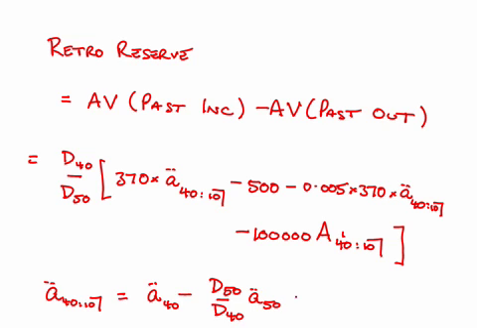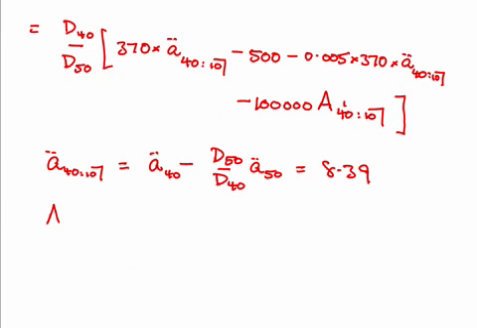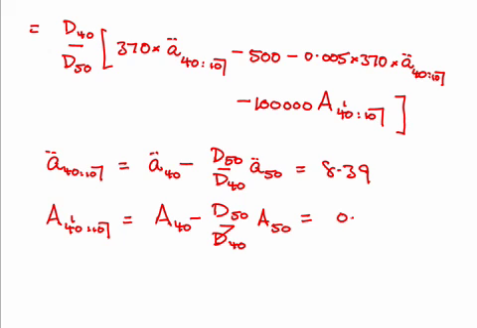And when we substitute in the figures again, we get 8.39. Similarly, we do the same for the term assurance. And in that case we get 0.0114.